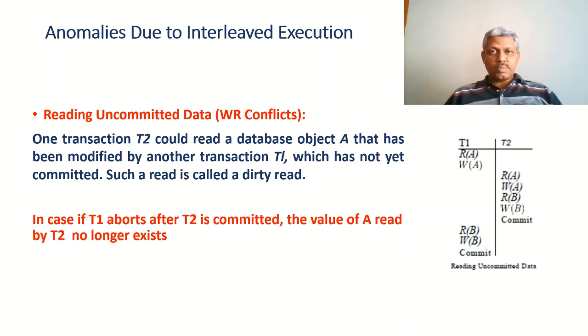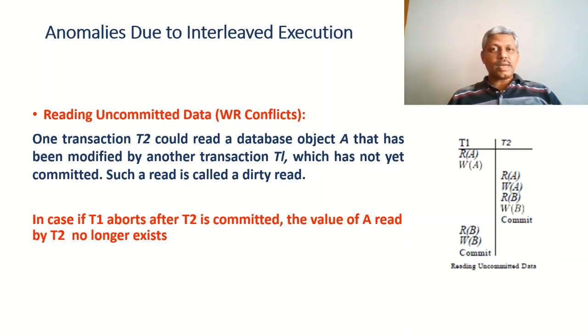In this circumstance, if T1 fails, what happens? T1 has to abort. But the updates given by T1 on A are lost. And T2 has already read the value written by T1 and proceeded further and done some action.